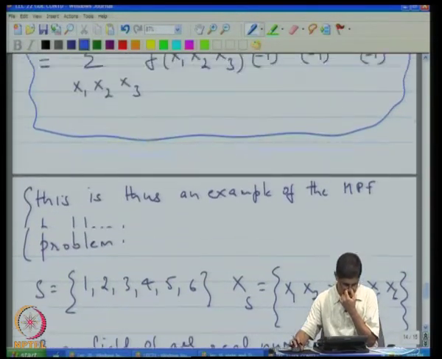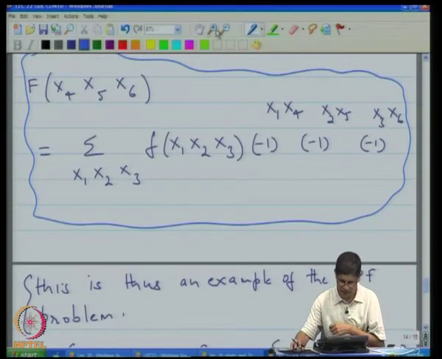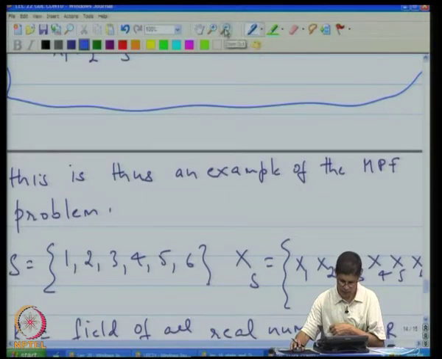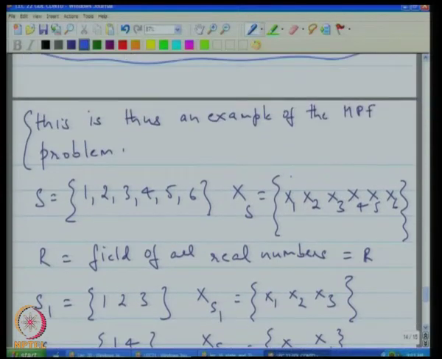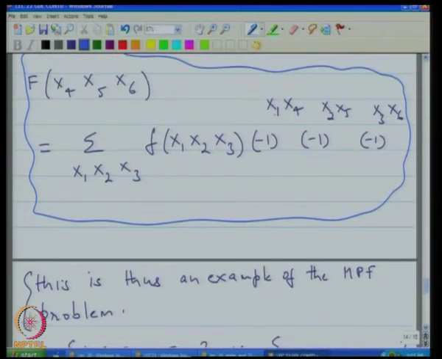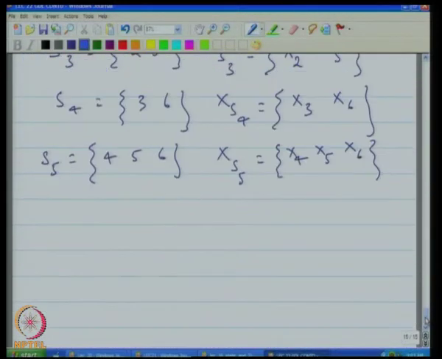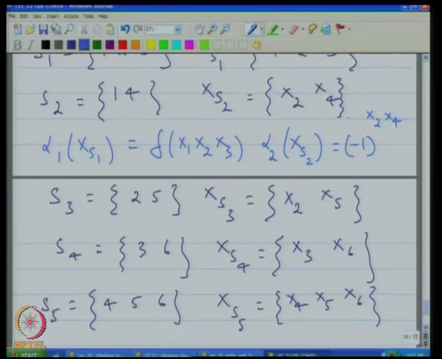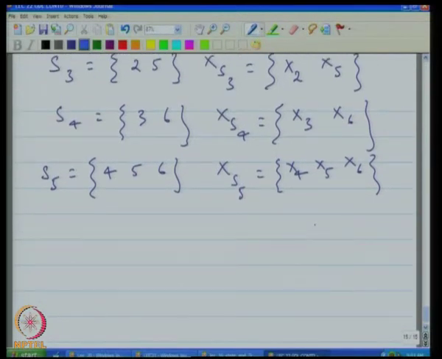Okay. So, we are looking at this computation, and that is your second one, and similarly we can write down the others.